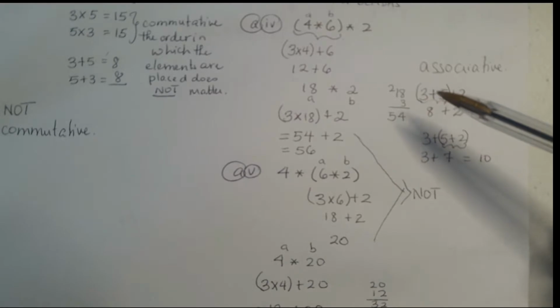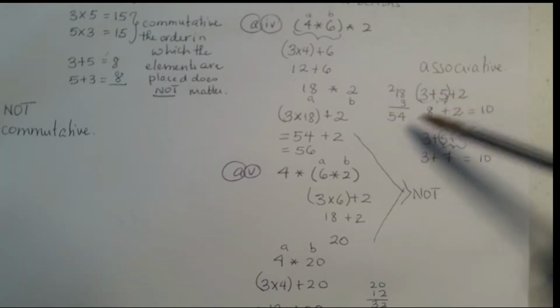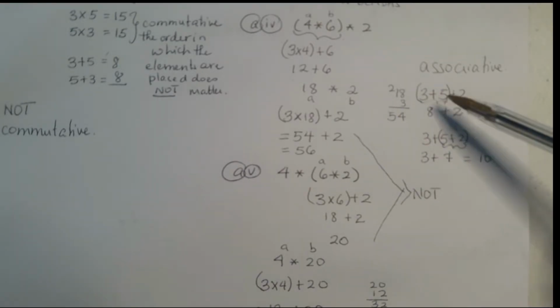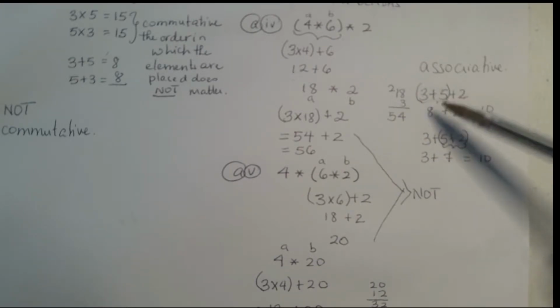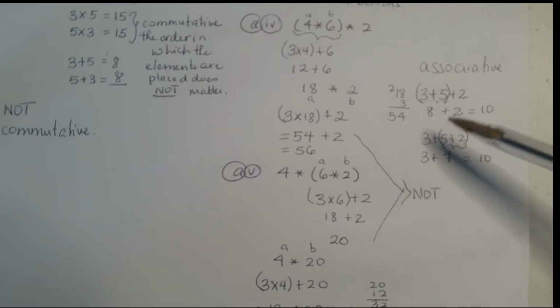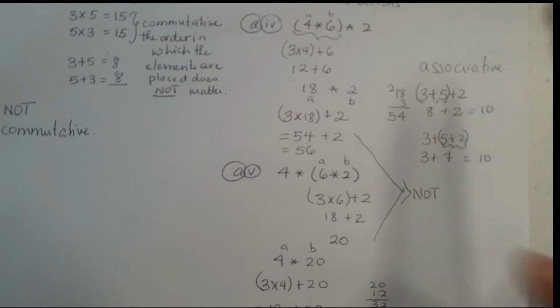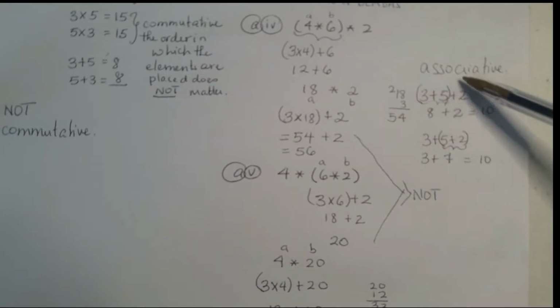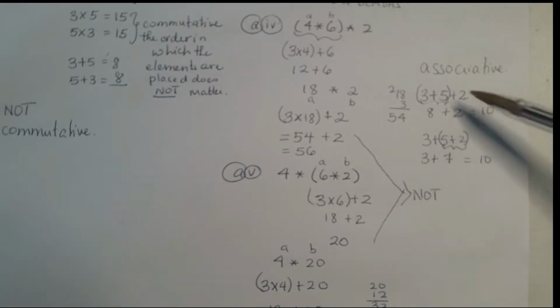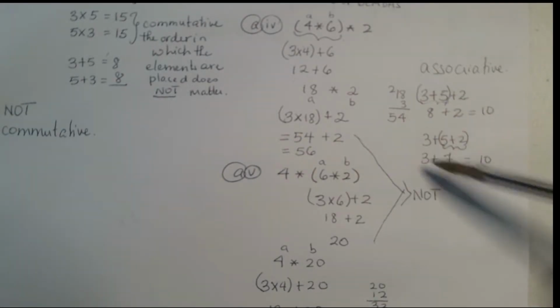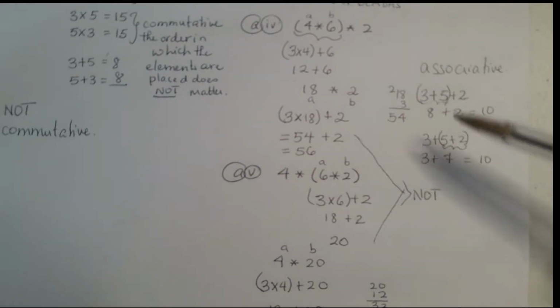Associative deals with brackets. For instance, if I'm adding numbers and I put the brackets around a set of two numbers, am I going to get the same answer if I move the brackets and put them around a different set of numbers? And if yes, then your calculations, sorry, the formulas or the setups, are associative.